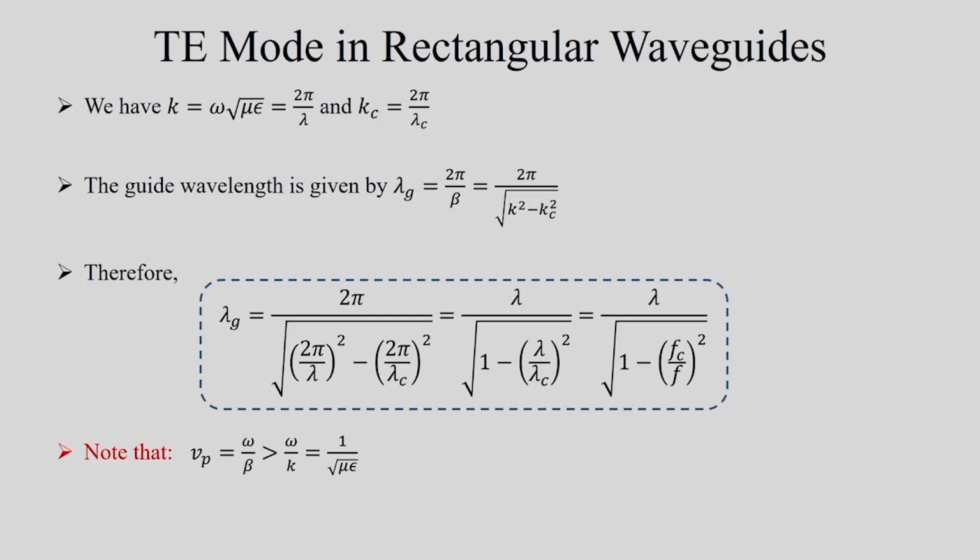It may be noted that although the phase velocity within a waveguide becomes greater than the velocity of wave propagation in the dielectric media, and if it is free space, greater than 1 by root mu naught epsilon naught, which is equal to c, when we consider actual propagation of energy within the waveguide, it remains less than or equal to c.